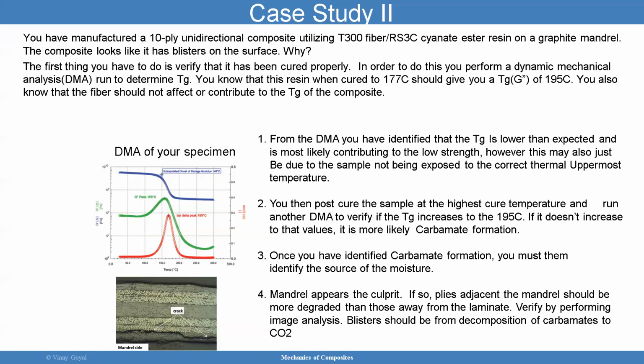Once we identify there's carbamate formation, we have to then identify the source for that moisture, because we already talked about how moisture can contribute to carbamate formation. And carbamate formation is one of the things that could occur in composites when you have moisture present, okay?